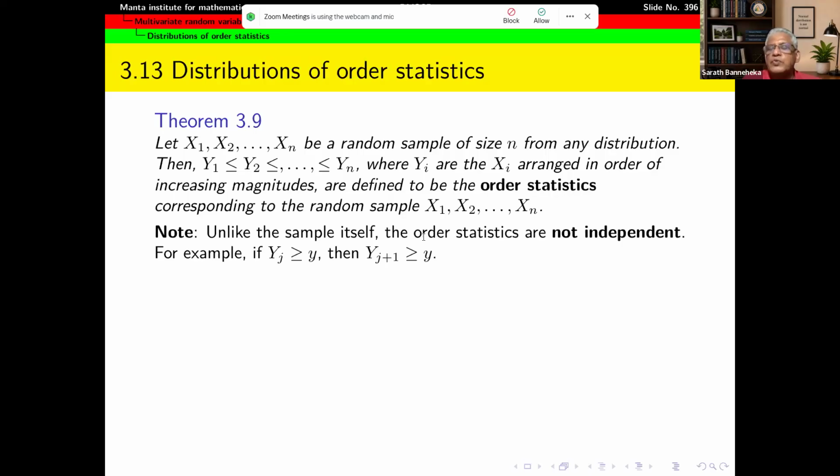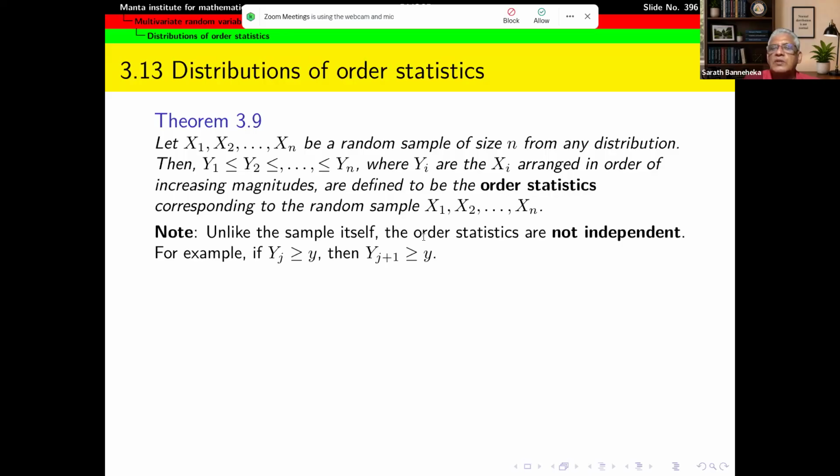If you now draw the histogram of these 10,000 values, you will get a certain shape, and that is the shape of the distribution of the minimum of the sample of size n from this particular distribution.